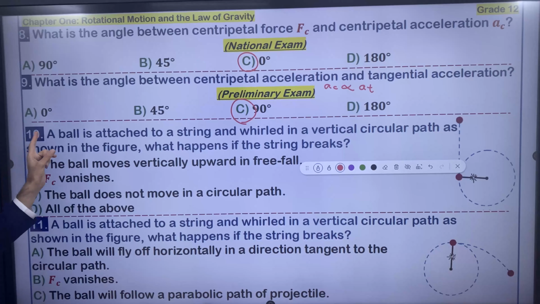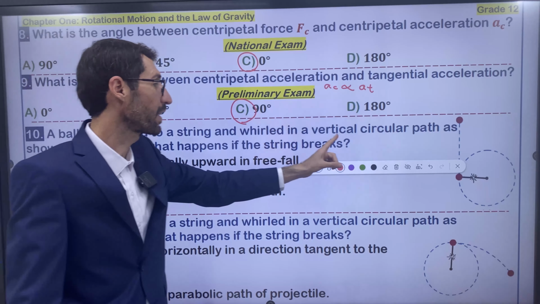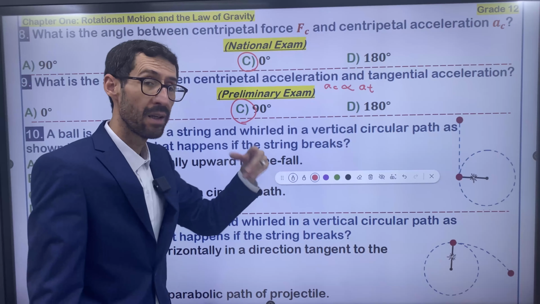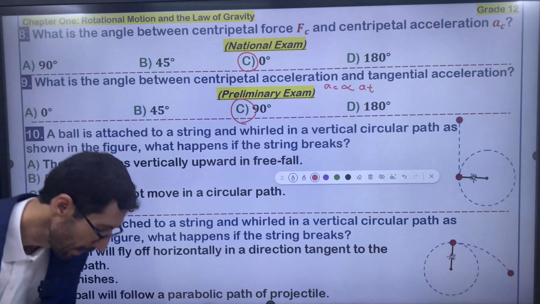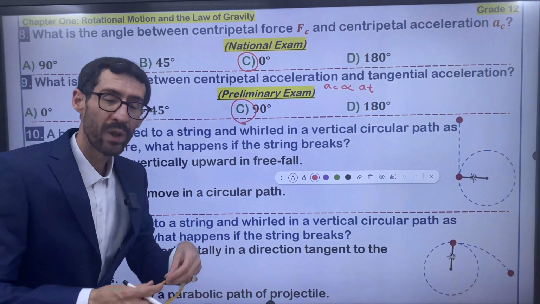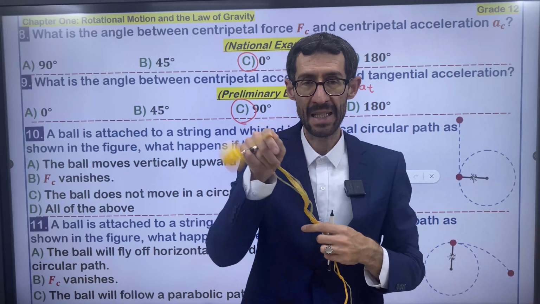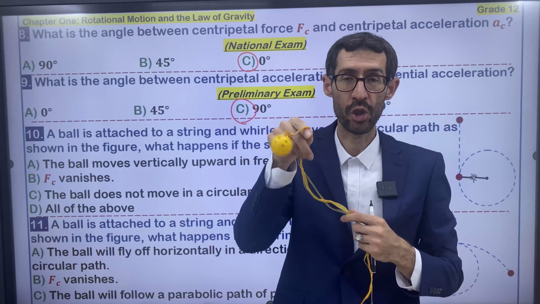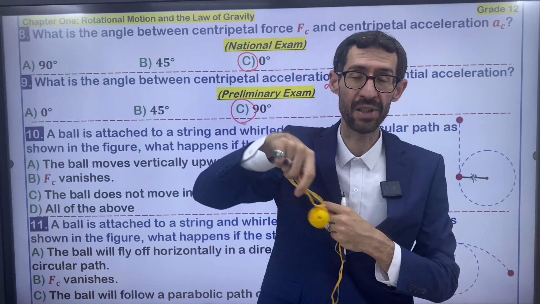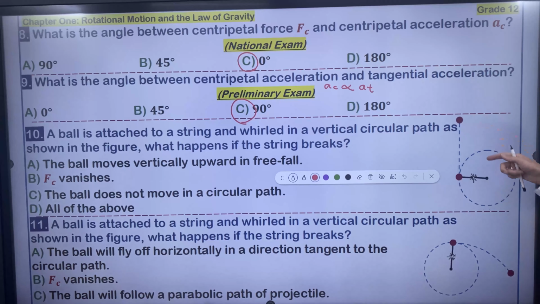Question number 10. A ball is attached to a string and whirled in a vertical circular path. We tied the ball with a string and we whirl it in a vertical track, not horizontal, right? Let's say I showed it to you in a figure.